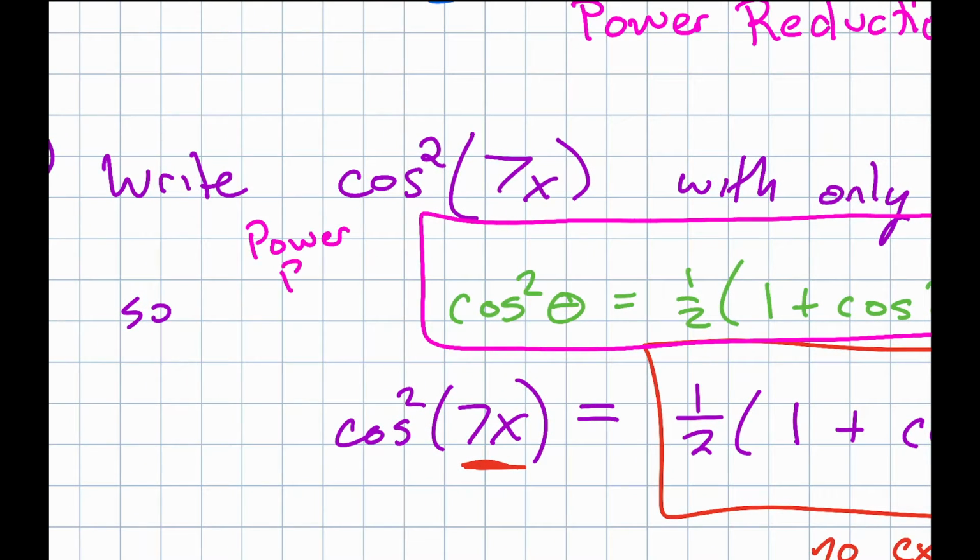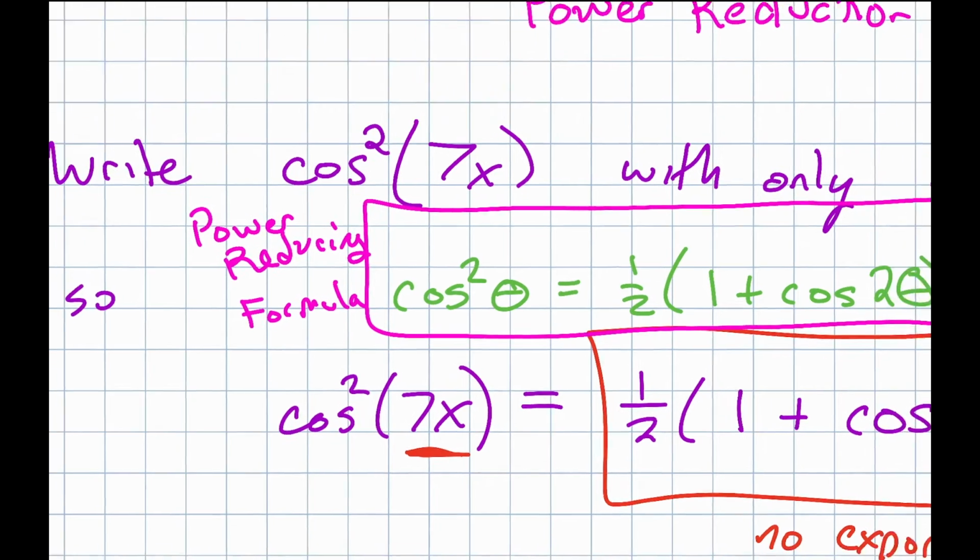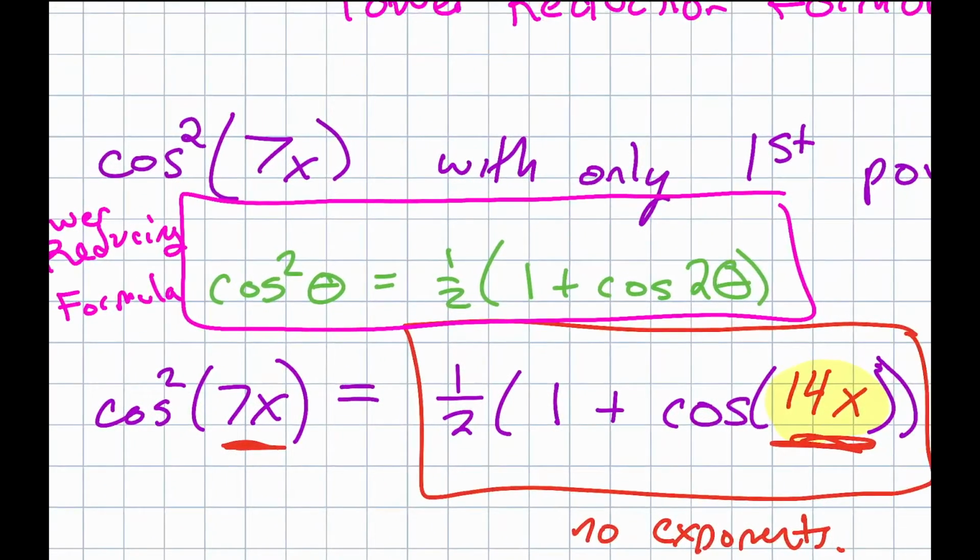Power reducing formula. You look this up, okay? And what I want you to notice about this formula here is that this is theta, and this is 2 theta. The relationship between theta and 2 theta is that this is smaller and this is larger.